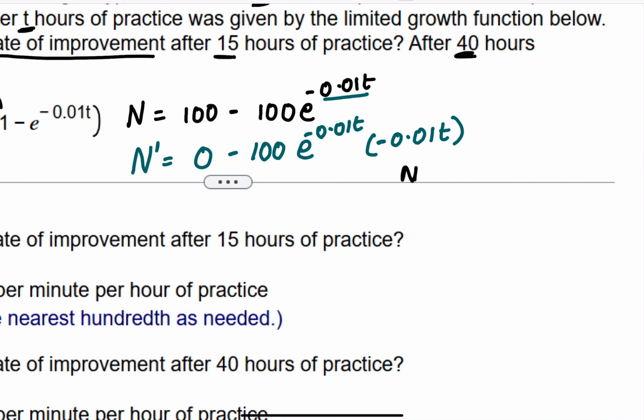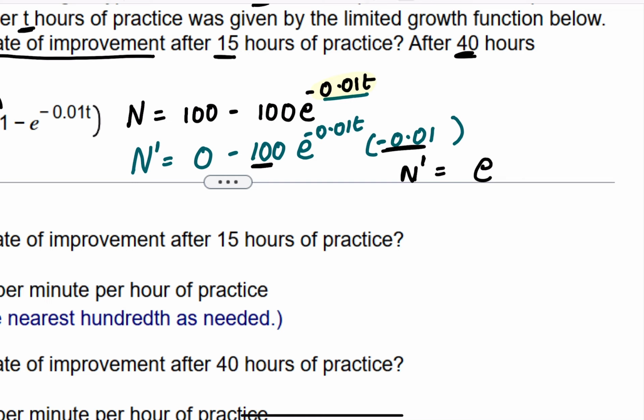I have my n prime is equal to, this is negative 100 times 1 is positive 1. So this times this gives me positive, excuse me, here there should not be a t, because the derivative of 0.01 t is simply 0.01. It's like finding the derivative of 2x, which is simply 2, not the x. So I made a mistake there.